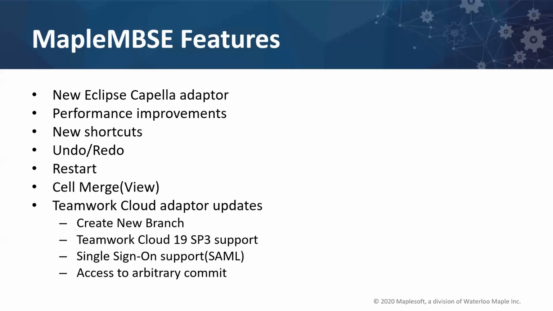Undo and redo here, we do not mean Excel's undo and redo. We have added a completely new feature within MapleMBSE to do undo and redo, where you can delete a model element, add new model elements, but if you want to go back to a previous state, you can use undo and redo.